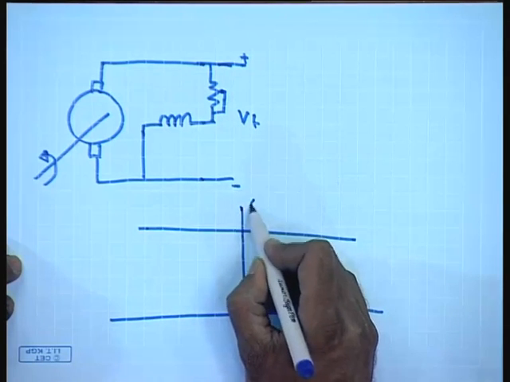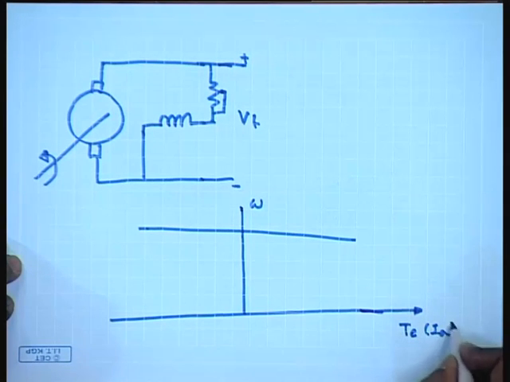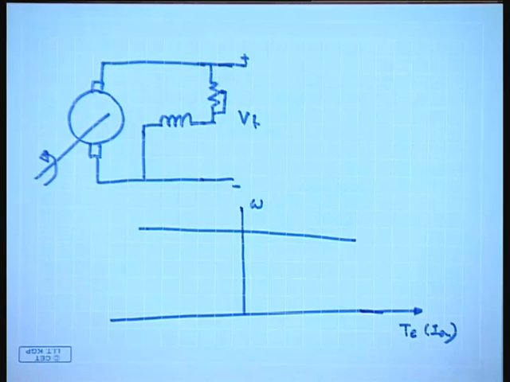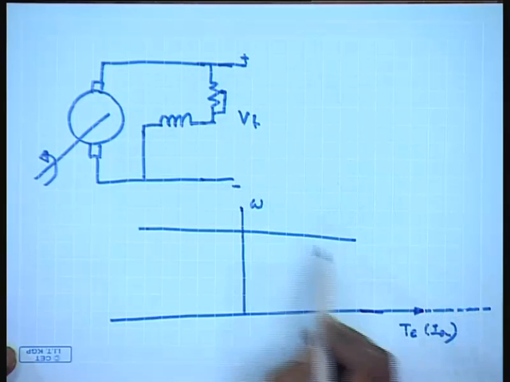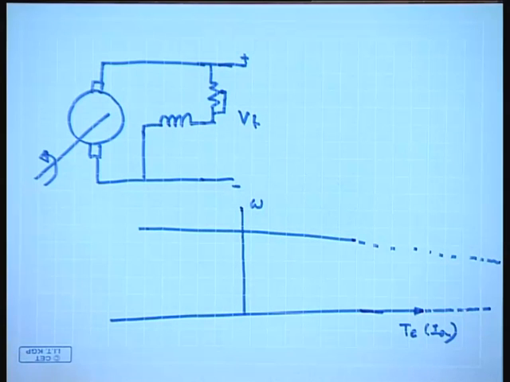This is omega, this is Te, and to some scale also Ia. Now, at start omega is equal to 0. So, what will be the torque? That will be obtained by extending both these lines. So, we can very easily see that at start there will be a huge current and a correspondingly huge torque.